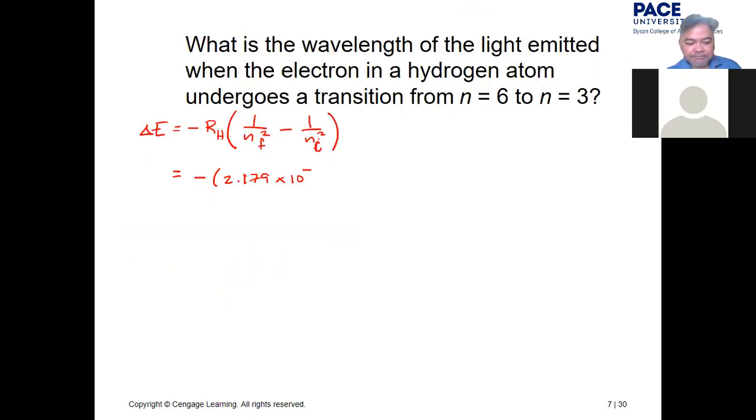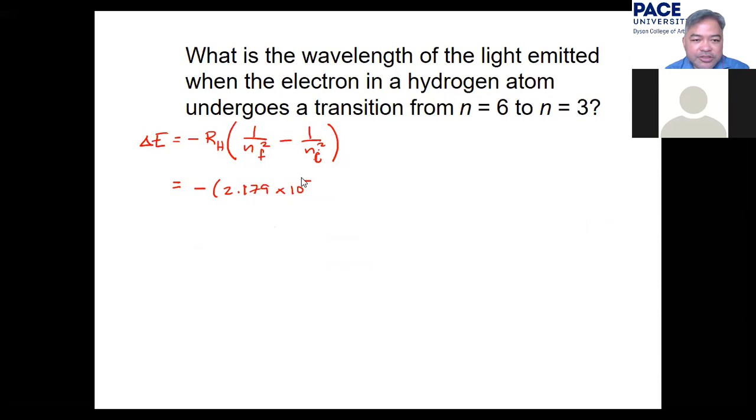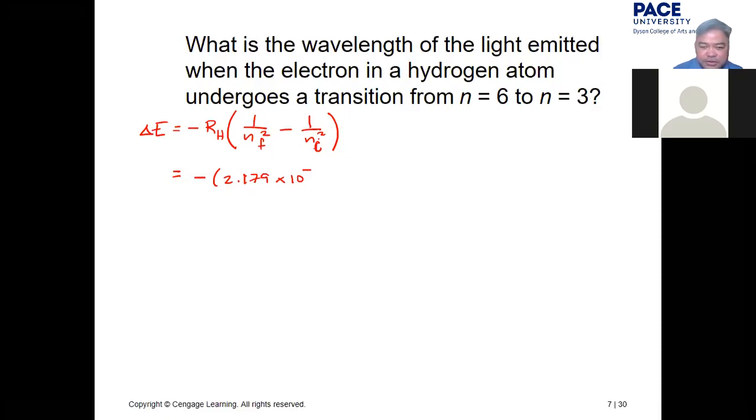But anyway, I just want to make sure I get the right Rydberg constant, because there's a lot of values of the so-called Rydberg constant. The one that I have here is to the negative 18. Anyway, I'm going to put the constant that we have there, so you don't need to memorize that.